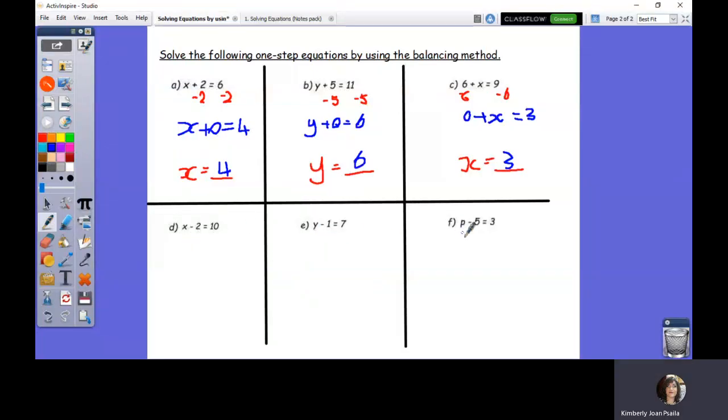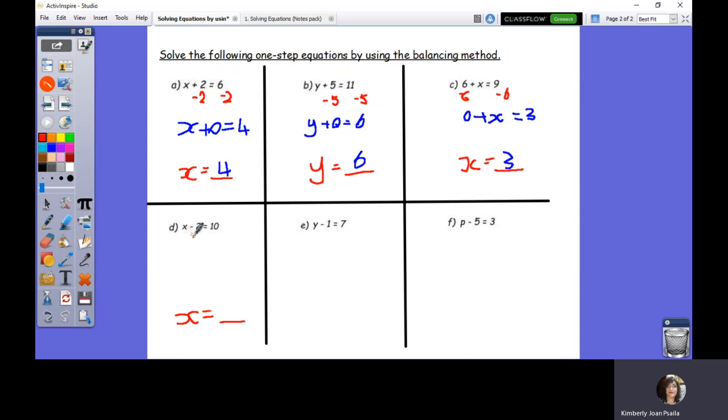Now let us work out the subtraction ones. So here we have x minus 2 is equal to 10. Our aim here is to find the value of x. So x, we have to find it. Now, to leave x alone on the left hand side, we have to remove this minus 2. We have to cancel it out.